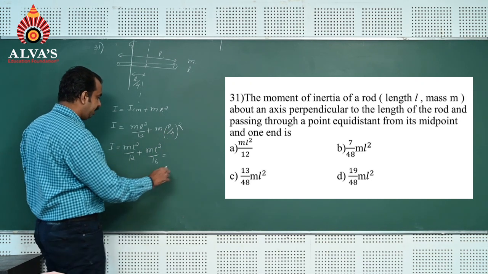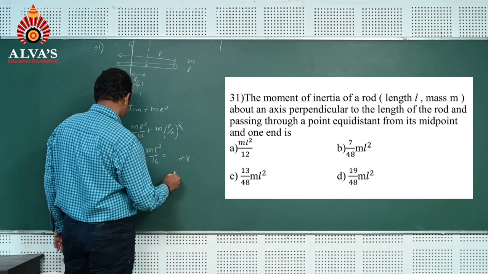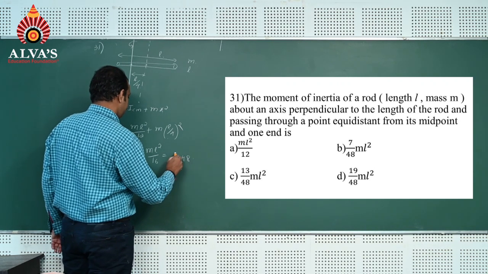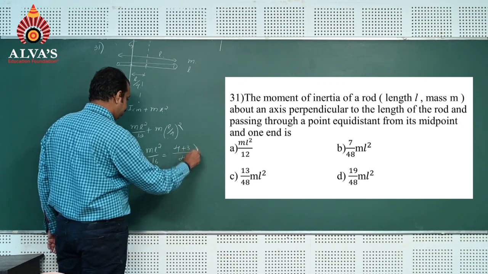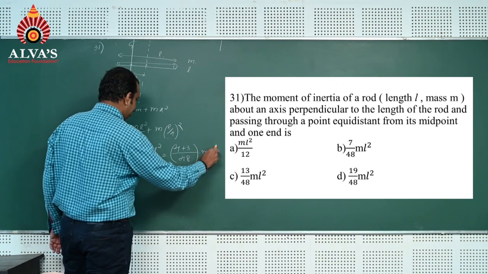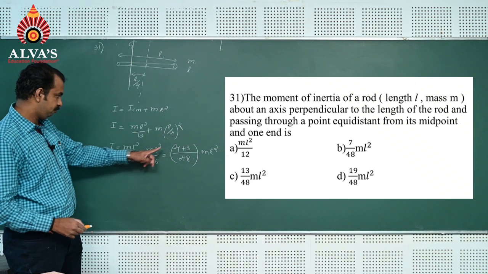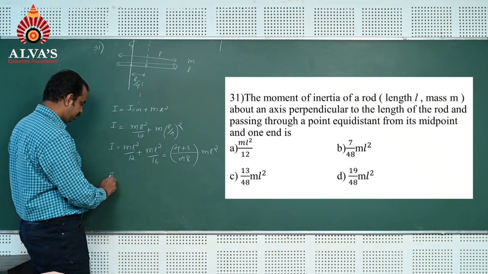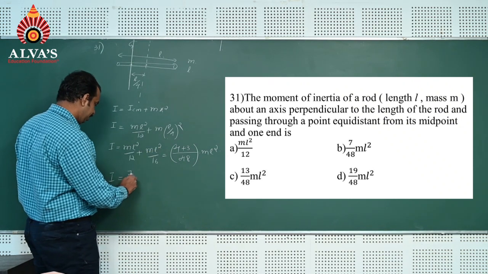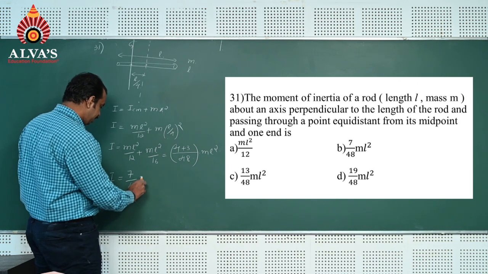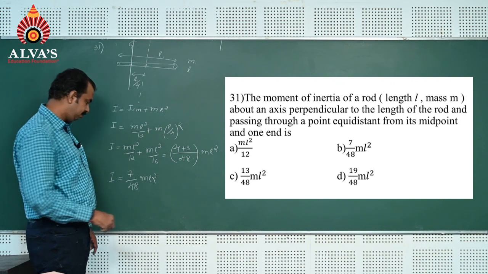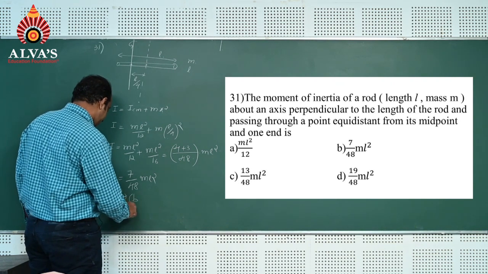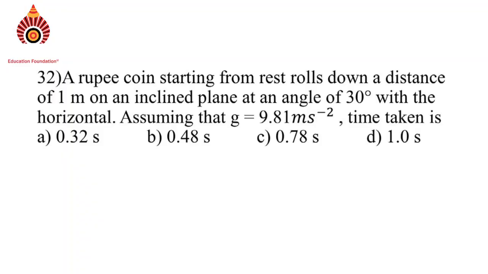Here 48 is the LCM: 12 goes 4 times, 16 goes 3 times, into mL square. 4 plus 3 is 7, so 7 by 48 mL square. So the second option is the correct choice, B is the correct answer.